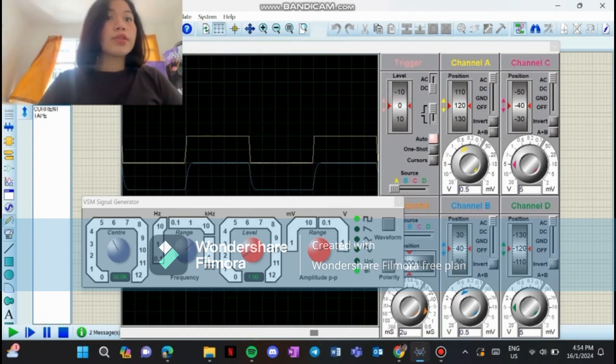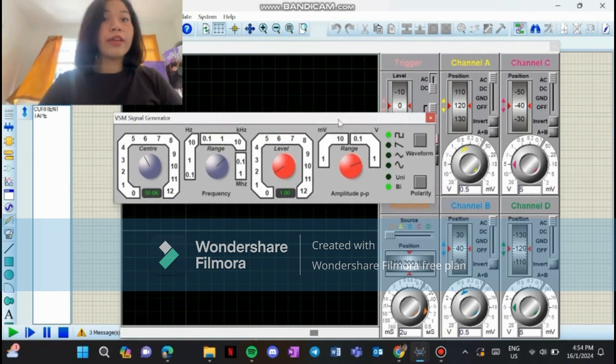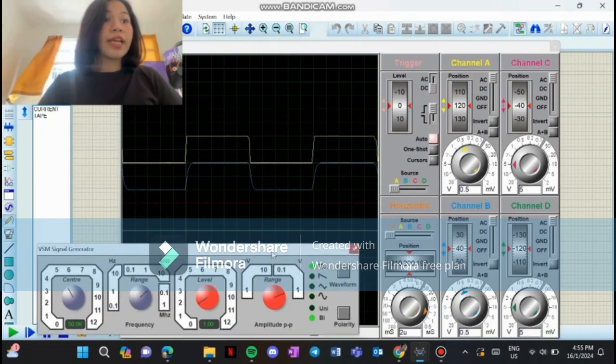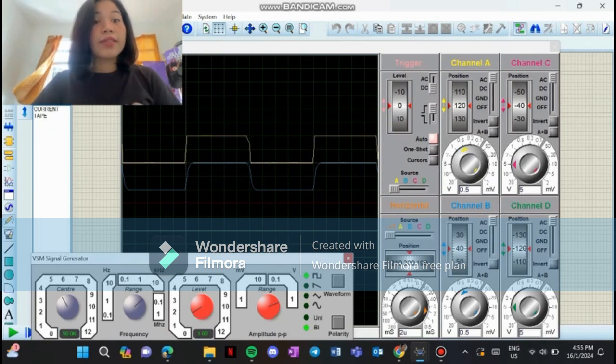Alright, so for the VSM signal generator, this is the input value that I've put, 50K for the frequency and 1.0 for the amplitude. And then for the channel, this is the value, and then we'll get two of these graphs. So that is all for my part.